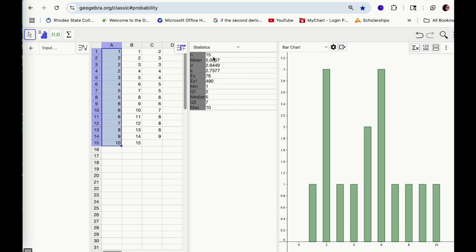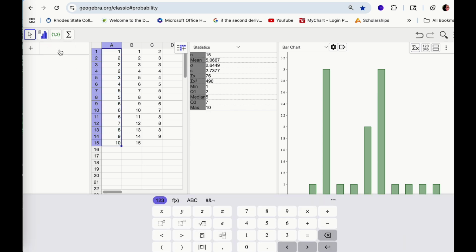Now, the value for the mode doesn't come up in this list, but if you want to double check your mode, all you need to do is go into your area where you type your commands and type mode for your command, and then choose this option here where it says list of numbers. And you put in, just like when you sort, you put in where your start and your end values are.